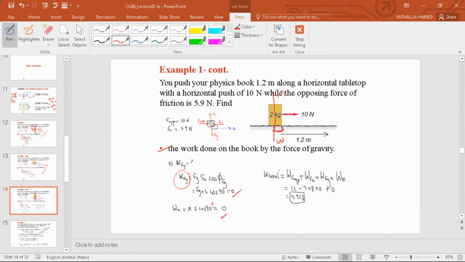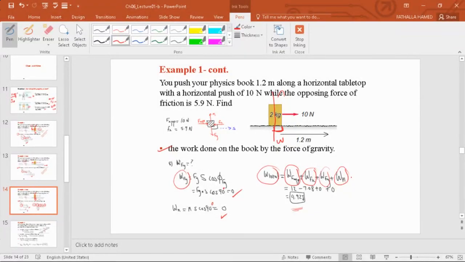So when you look at the total work done here, you're going to take the work done by the applied force, plus the work done by the force of friction, the work done by the force of gravity, and the work done by the normal force. 12 minus 7.08 plus 0 plus 0, and that will give you 4.92 joules.